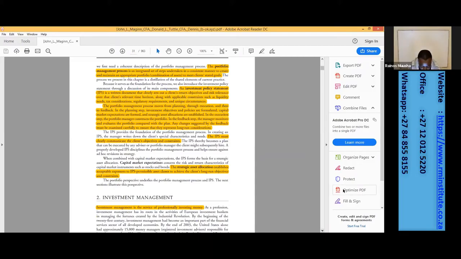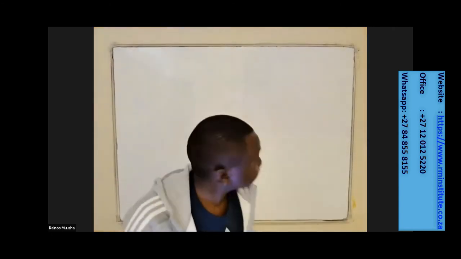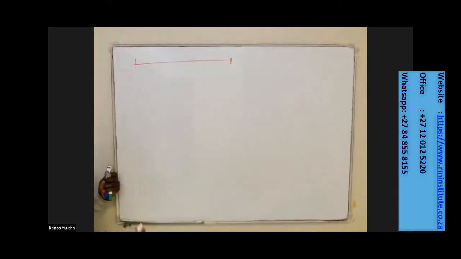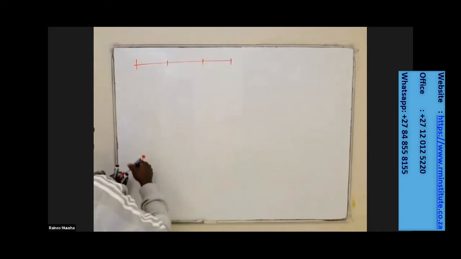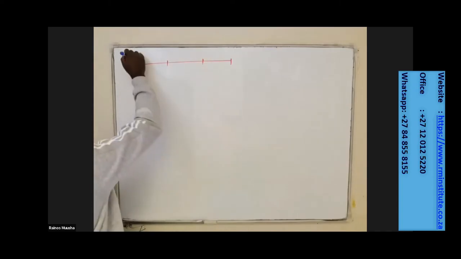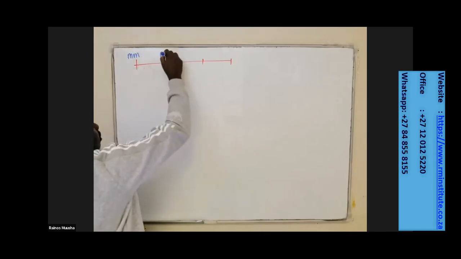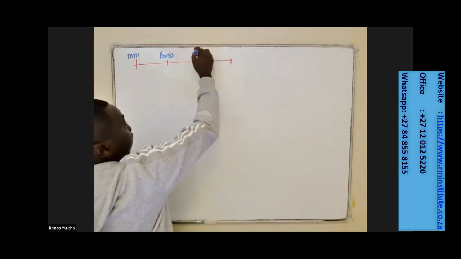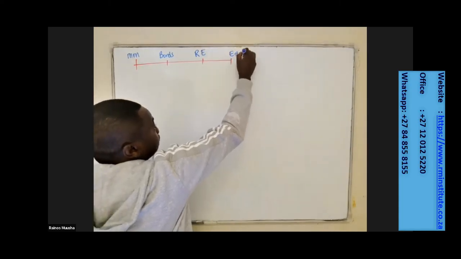So when it comes to the strategic asset allocation, let's say you agree with the client on asset classifications. You can classify assets as money market investments, as bonds, and you can also invest in real estate, and in equity as well.